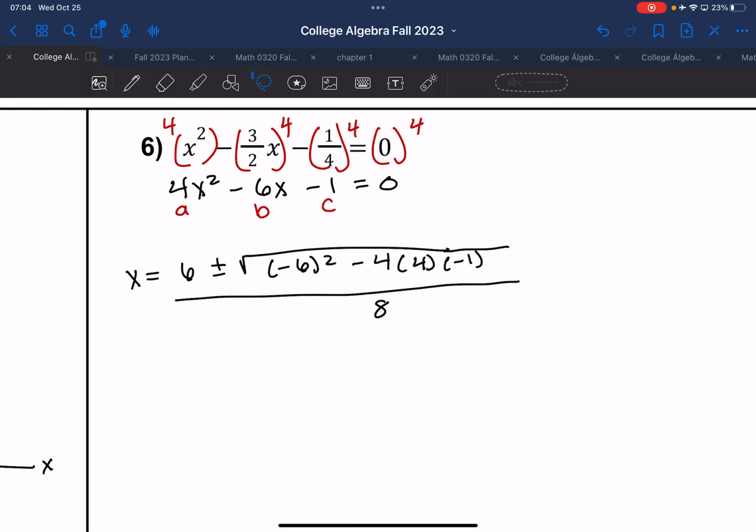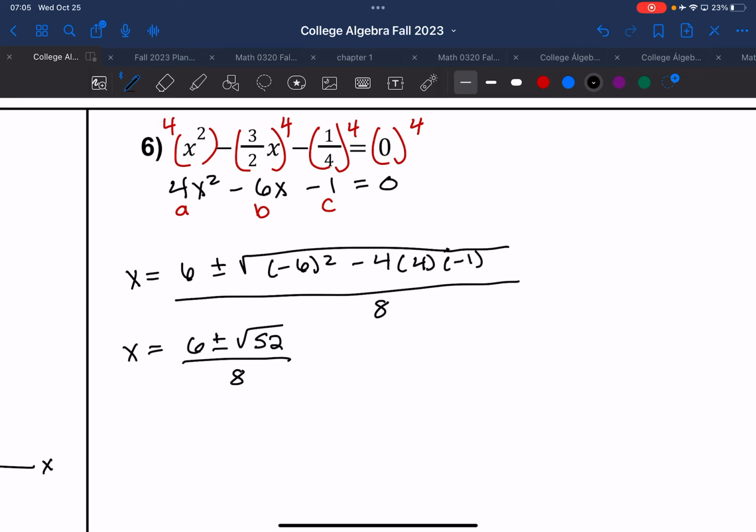Now I'm going to simplify the part under the radical here. You're going to get a positive number, and that number should be 52.